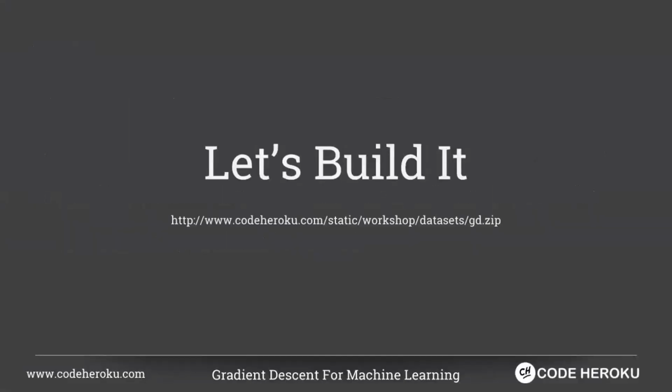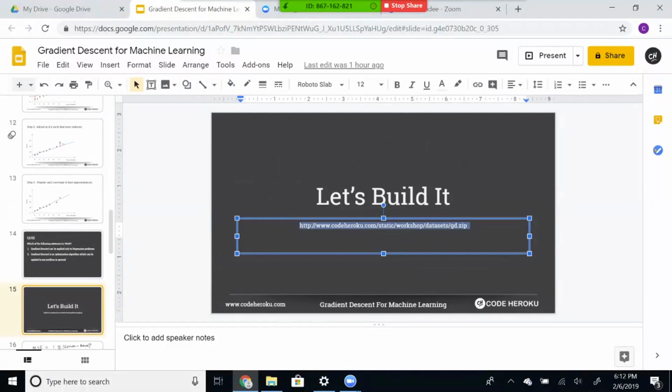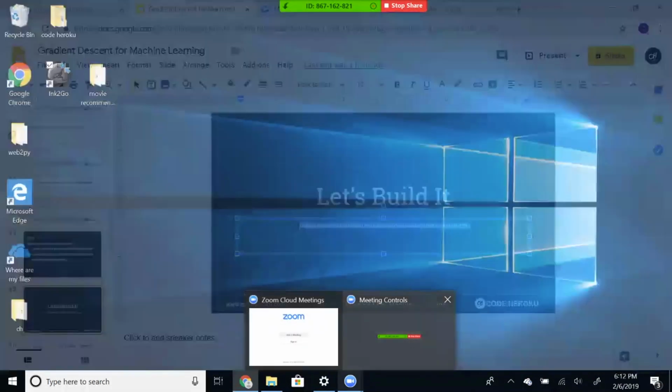So let's get started building it, because there are a lot of things within this, and there is some math that we need to do, some derivations, but we'll come to that after we have understood everything until now. Go ahead, download this, extract it in a folder, and let me know in the chat box once you are done.